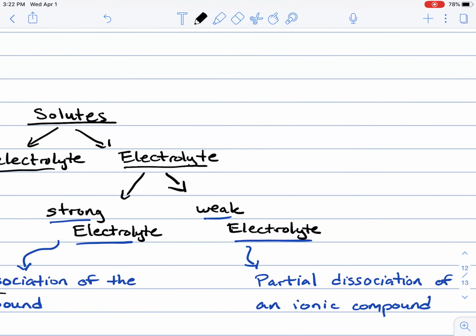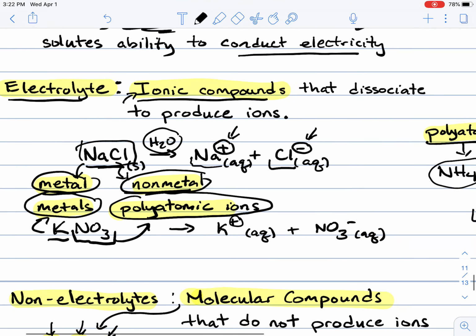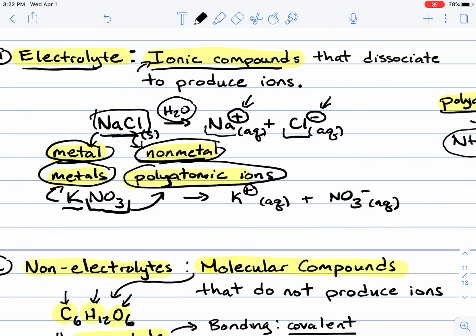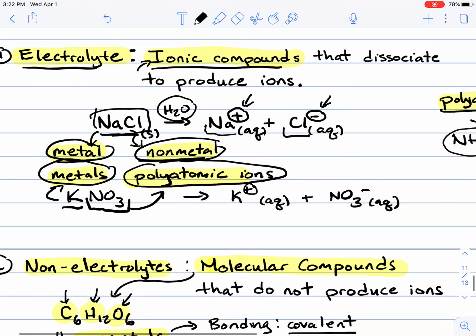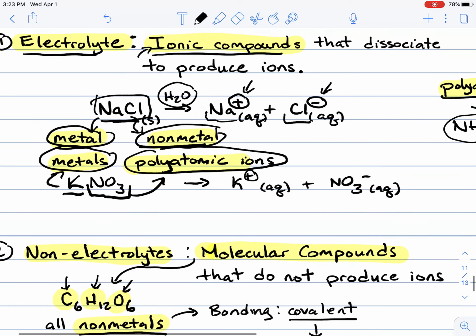And so when you are looking at the examples that I wrote above, you were only able to classify whether or not that chemical formula is an ionic compound or a molecular compound. But there are no explicit clues that would help you identify whether or not the compound is going to strongly dissociate or weakly dissociate.